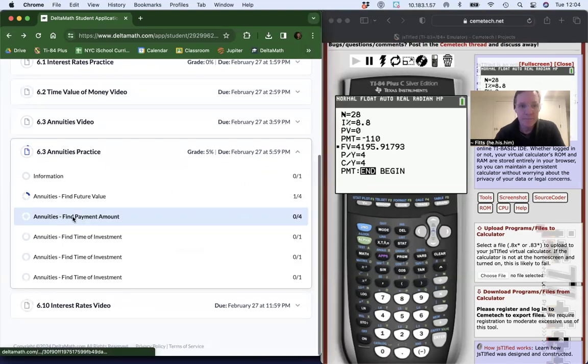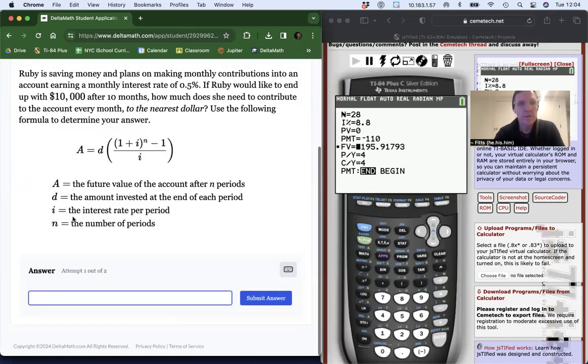Find the payment amount. Okay, let's try this one. Ruby is saving money and plans on making monthly contributions into an account earning a monthly interest rate of 0.5%. If Ruby would like to end up with $10,000 after 10 months, how much does she need to contribute to the account every month to the nearest dollar? Use the following formula. No, not using the formula.